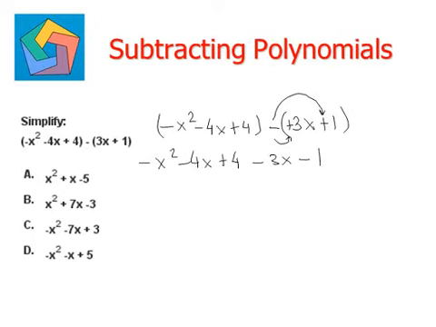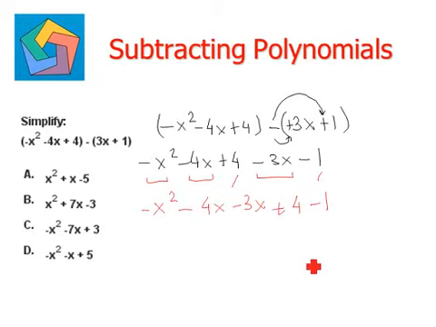Now we put the like terms together. First let's get started with x squared. No other x squared term is present, so we write down x squared with the negative sign as it is. Negative 4x and negative 3x are like terms, so we write them here, and plus 4 and minus 1 are the two constants which are like terms.